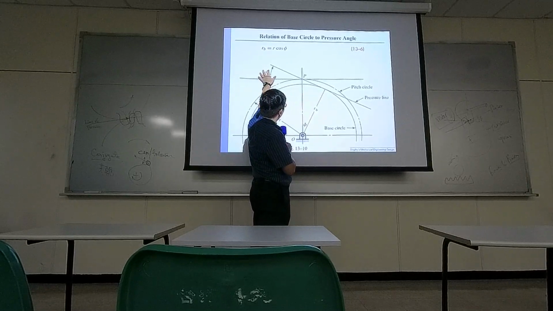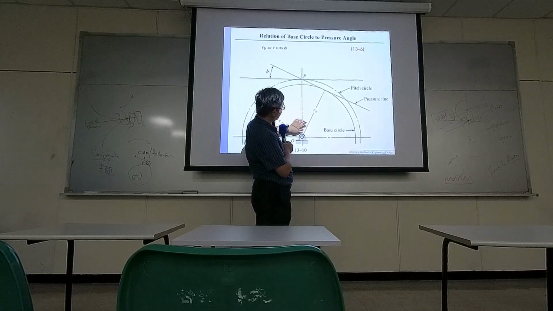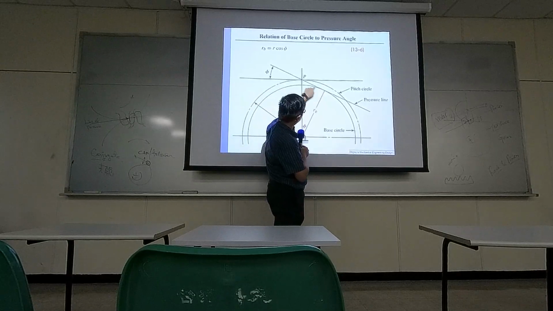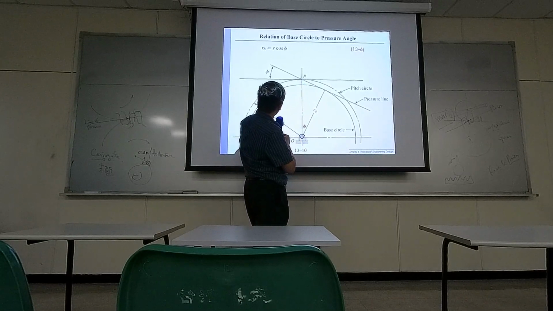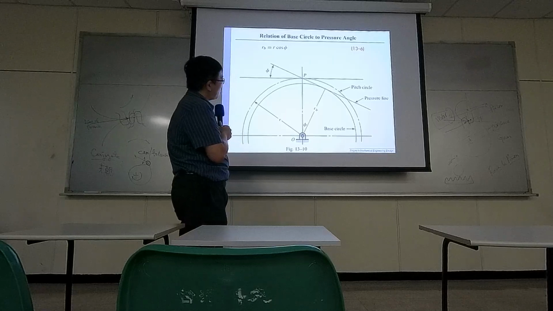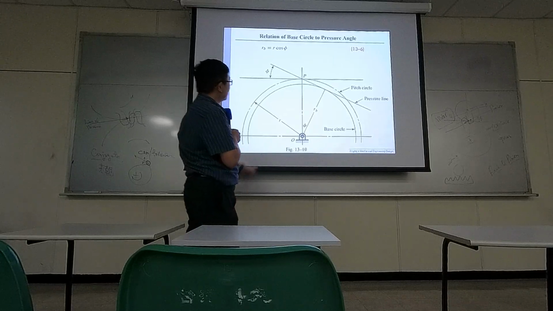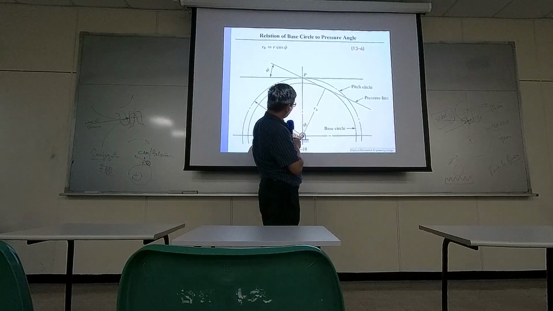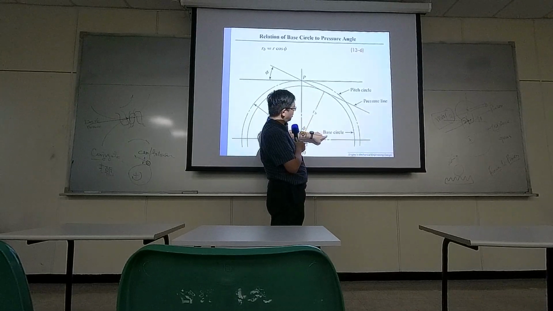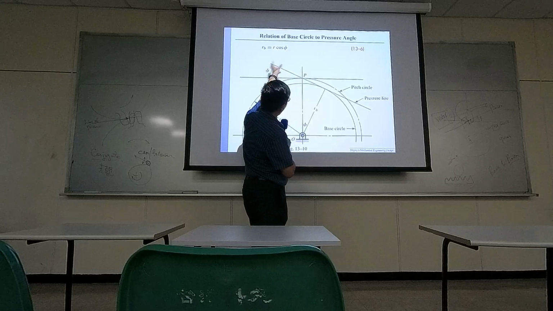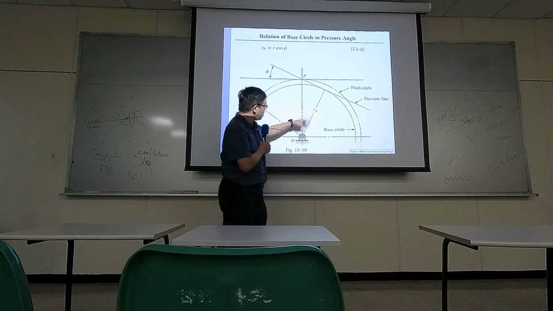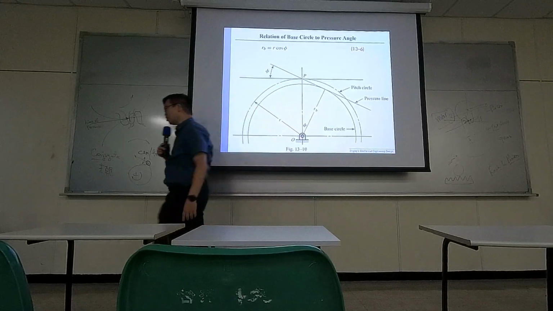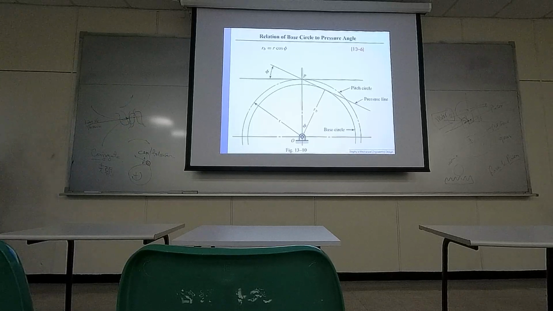So pressure angle, this is also the pressure angle here. So by the geometry right here, you can get a cosine relationship between the radius R right here, the pitch radius, and also the RB, the base radius. And they have this cosine relationship related to the pressure angle. Okay?